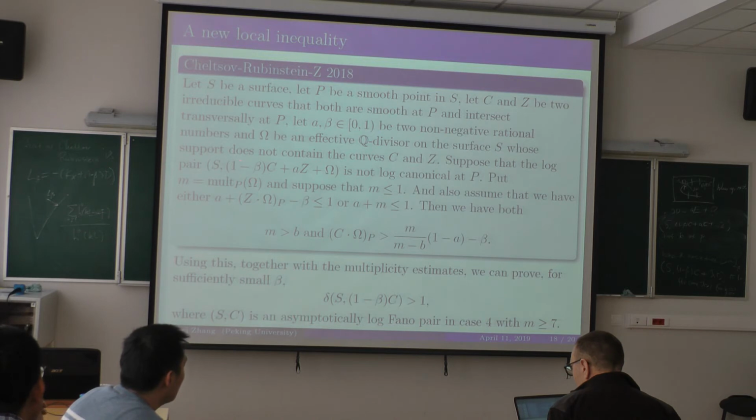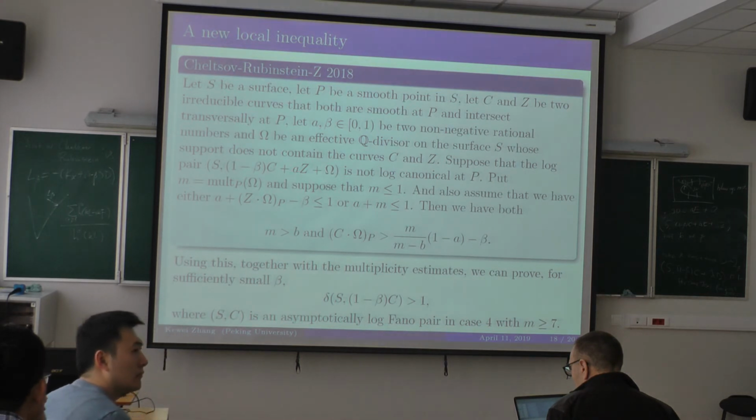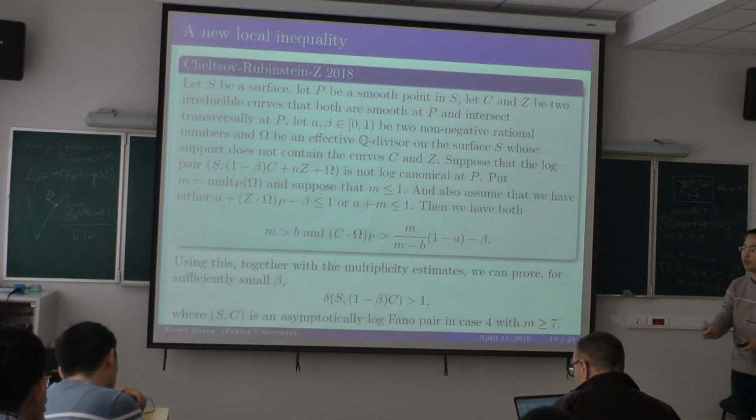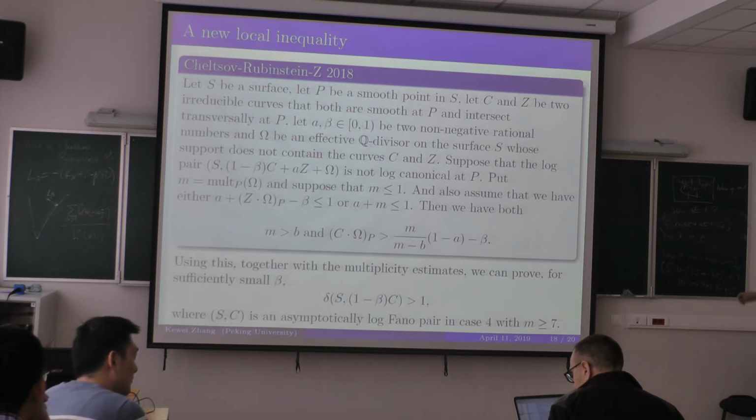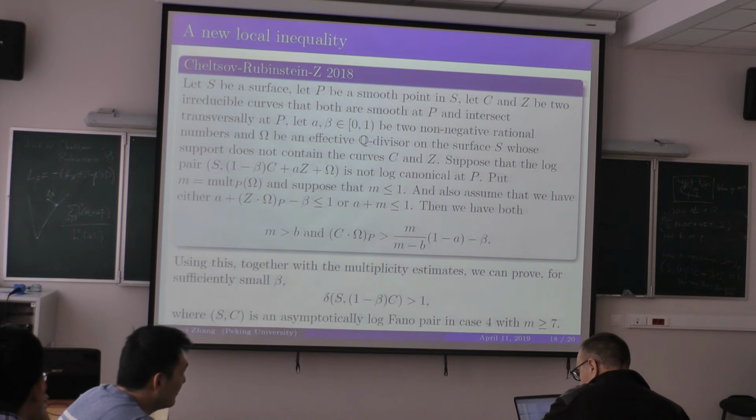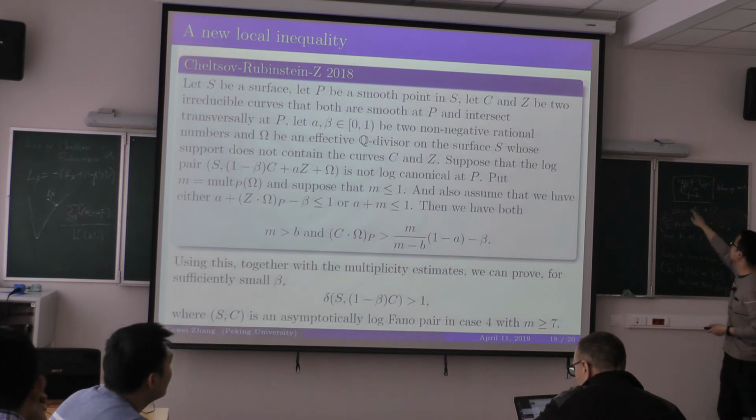So we have this boundary curve (1 minus beta)C, and some other curve aZ, and here the number a can be controlled by the multiplicity estimate, as I mentioned before. And there's something left here. Suppose this thing is not log canonical, then we have some inequality that we can derive. If we use this inequality, we can derive a contradiction from this assumption. So we can conclude that this thing is indeed log canonical near this point P.